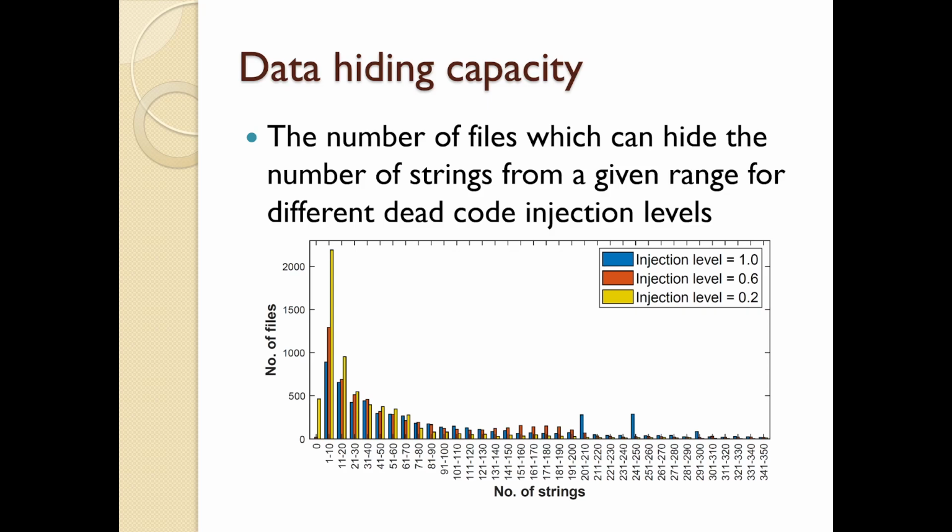As an observation, we can see that the smaller the injection level is, the more small sizes of arrays are supported. With a higher injection level, fewer files support smaller ranges, but we have bigger ranges supported by more files.